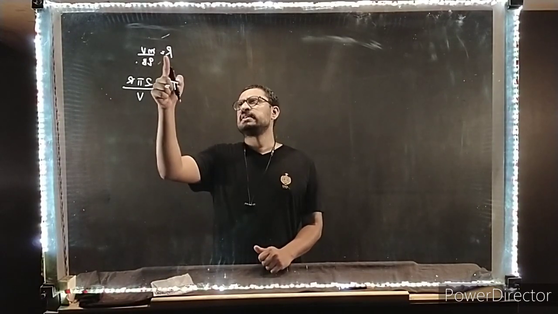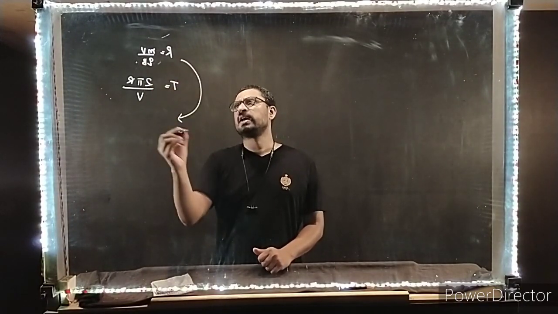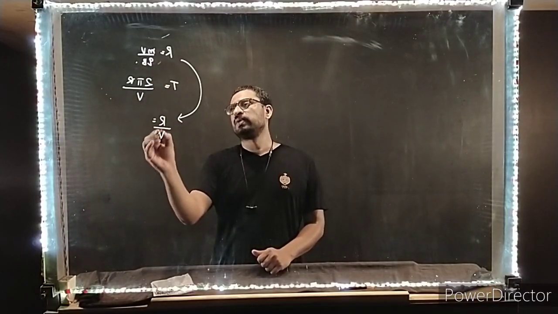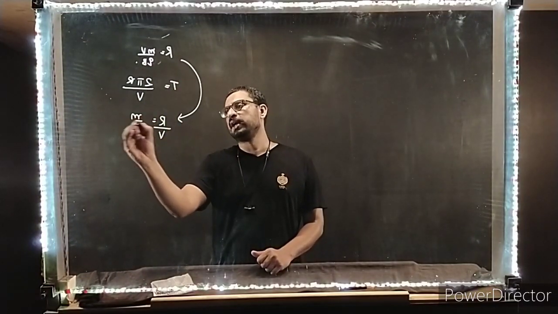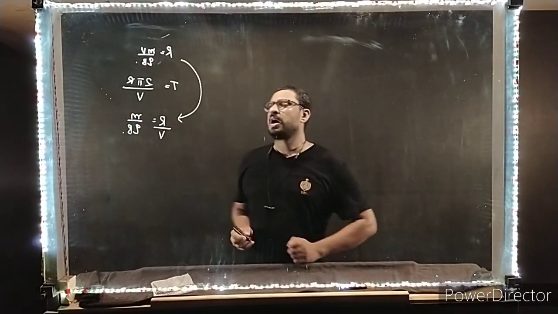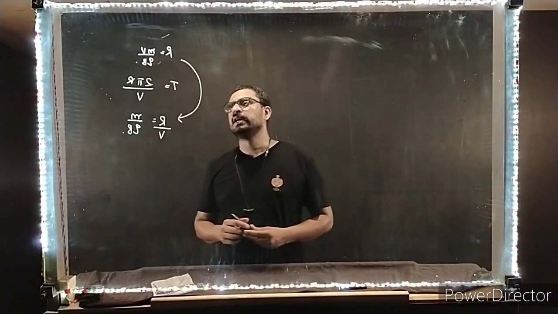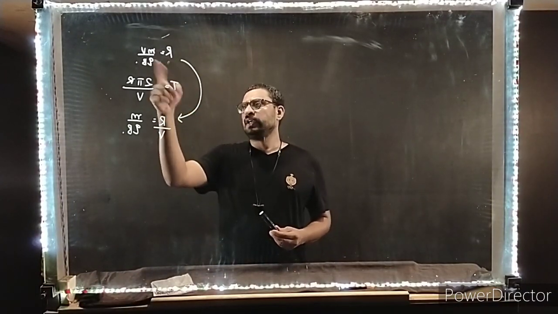So from here you can see what r by v is. r by v equals m by qB, isn't it? So time period equals 2 pi r by v, and r by v equals m by qB.